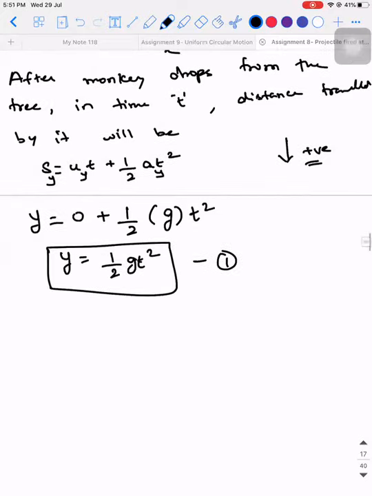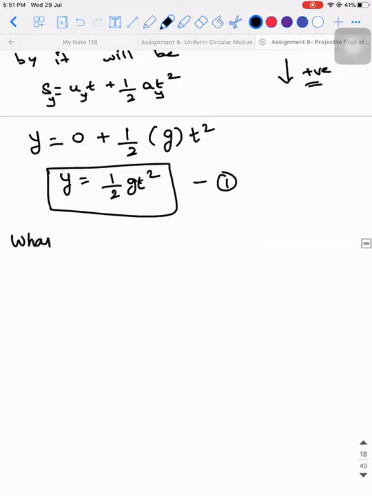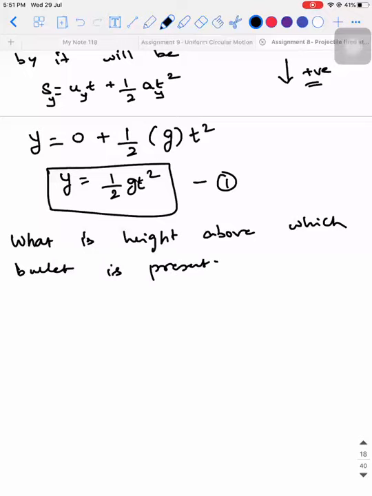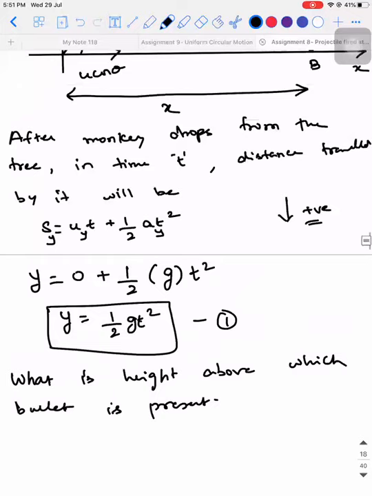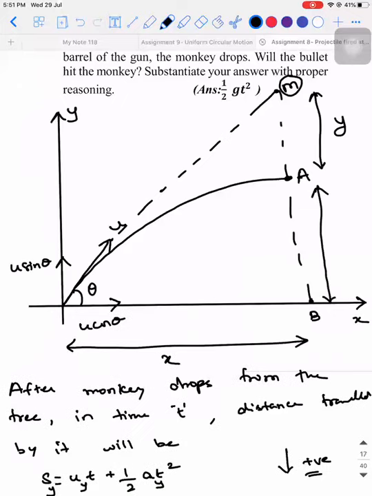Now, what is the height above which the bullet is present? I want to know what this height is. Let me call this y dash. So how do I find that y dash?